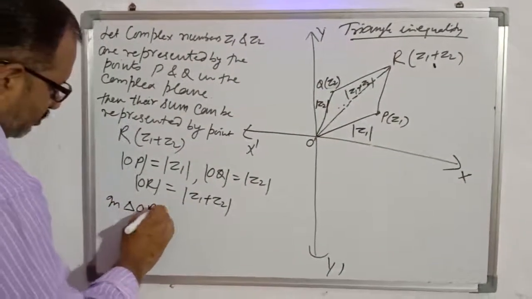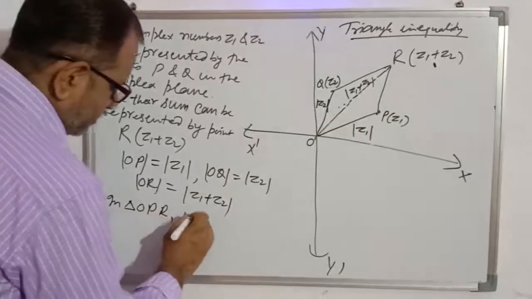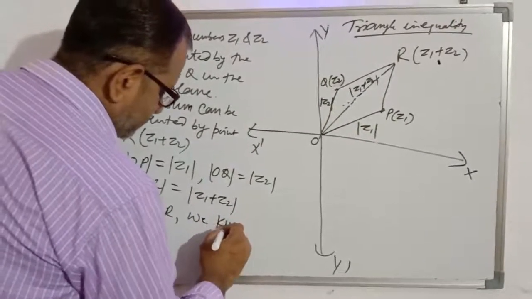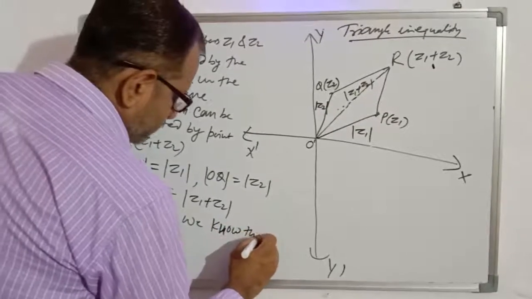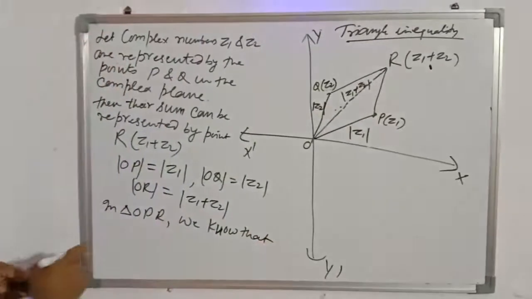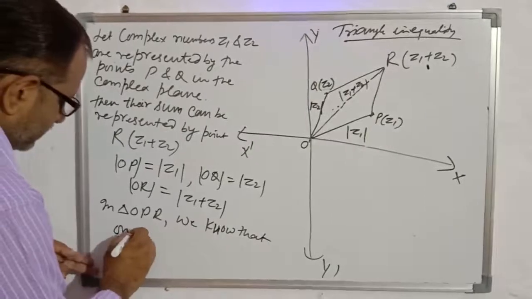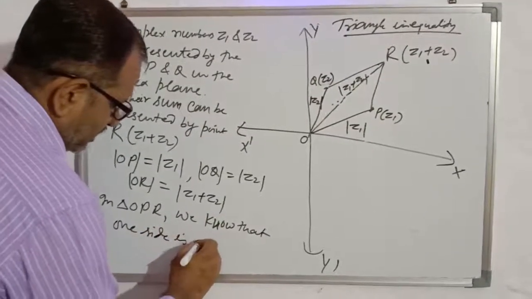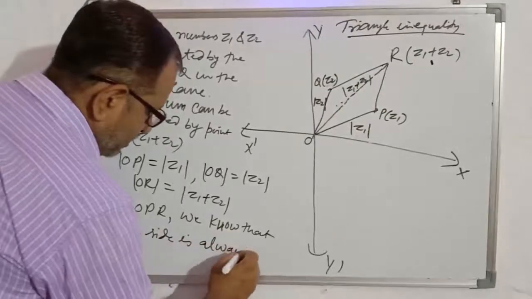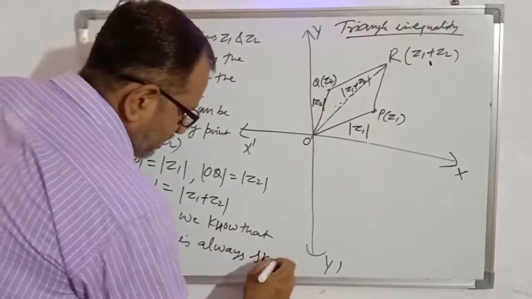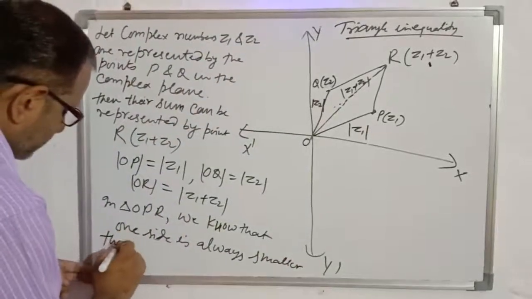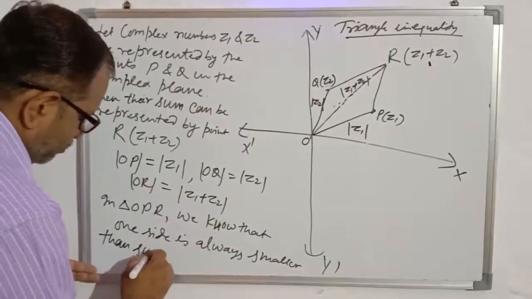In triangle OPR, we know that one side is always smaller than the sum of the two sides.